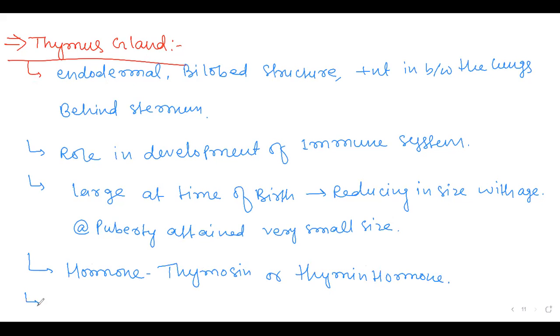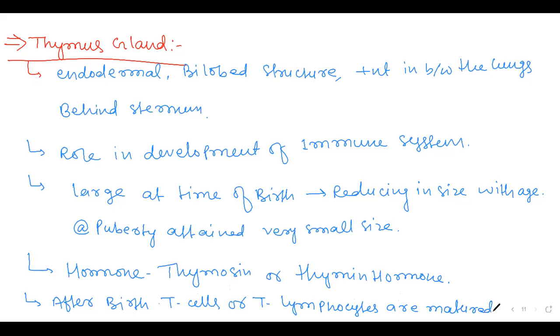After birth, T cells or T lymphocytes are matured in the thymus gland.